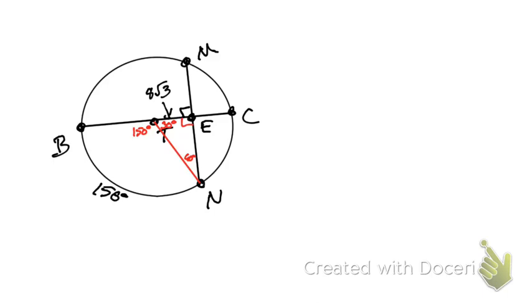And now the one across from our 60 degrees is our S squared of 3, which makes our S 8, correct? And the one across from 30 is just going to be our 8.